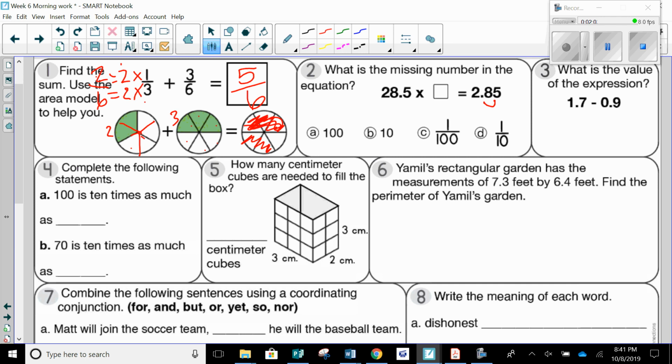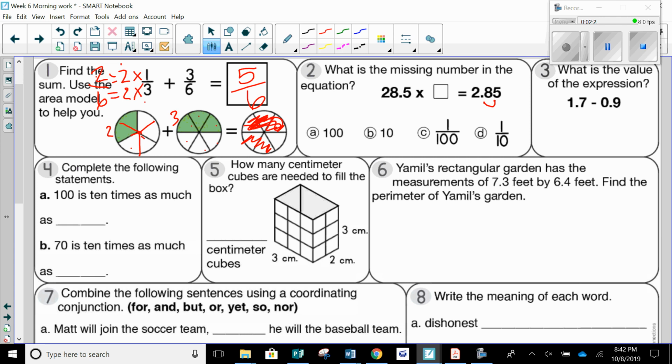When you multiply by 10 or decimals by whole numbers, your decimal actually gets smaller. When you multiply it by a fraction, your number gets bigger.